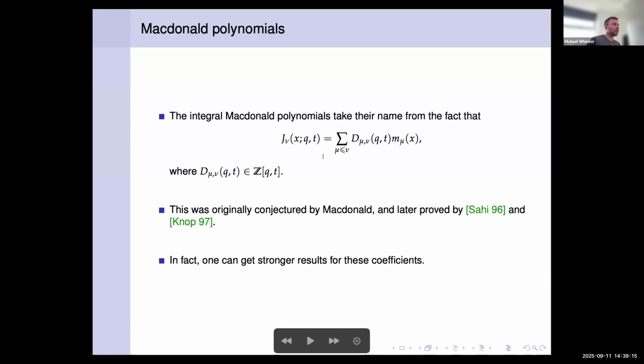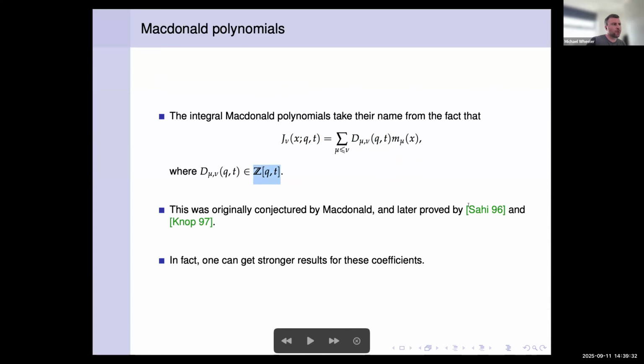So Macdonald actually conjectured that these integral Macdonald polynomials are going to have coefficients that are now polynomial in q and t, in general with integer coefficients.